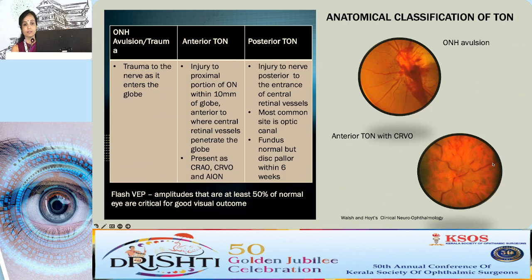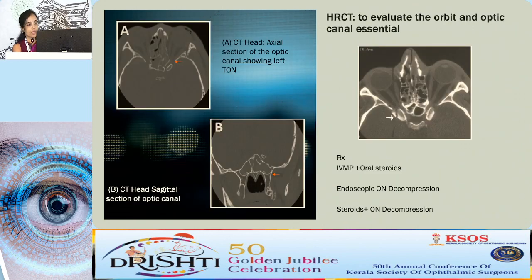Sometimes, if you have a high index of suspicion, you can do a flash VEP, and they say that flash VEP amplitudes less than 50% of the normal are prognostic, meaning it's not likely to improve. CT orbits is a very good tool to evaluate the orbit and the optic canal.